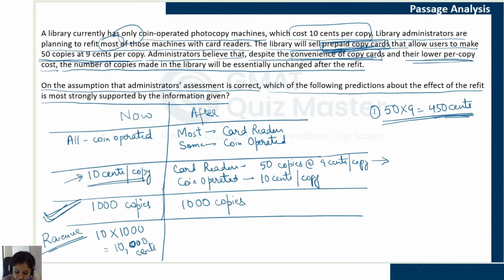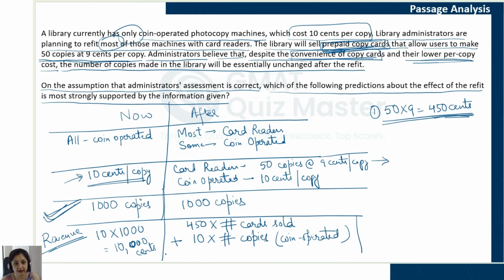So the revenue here will be 450 into the number of cards sold plus 10 into the number of copies made using coin operated machines, right? This is the revenue that the library is going to generate once these machines are fitted with card readers.